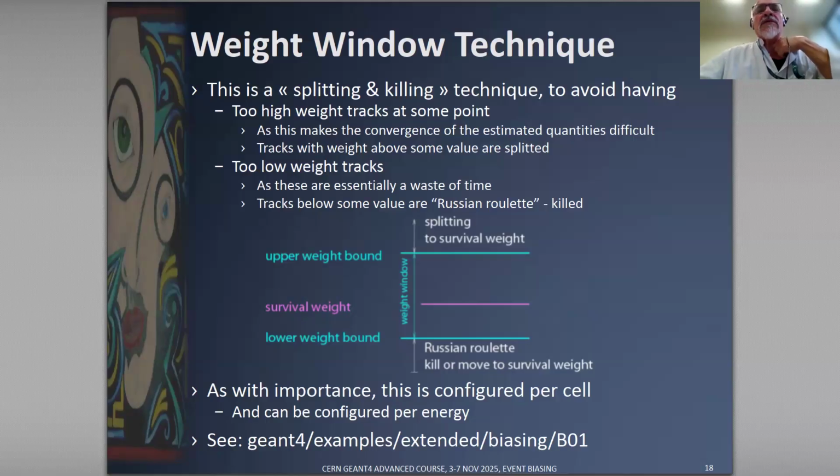This is a technique invented by the MCNP people, and it really helps the convergence. At the same time, it helps the convergence by preventing too large weights which destroy the convergence, and it also saves time by killing these too-low-weight tracks. So next slide.